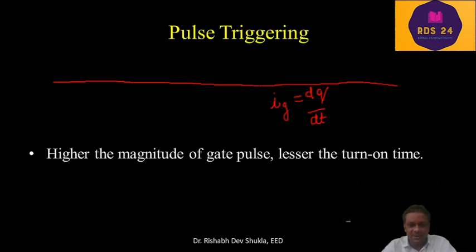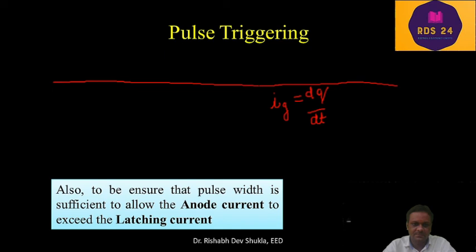Higher the magnitude of gate pulse, lesser the time to turn it on. That means if you are going to apply a larger magnitude of gate current, your turn on time will be decreased. It should also be ensured that the pulse width is sufficiently large, which allows the anode current to exceed the latching current.